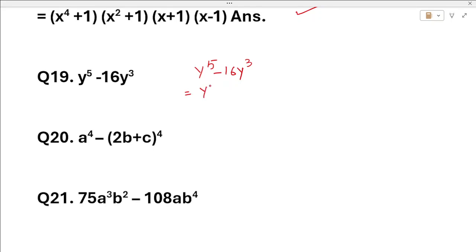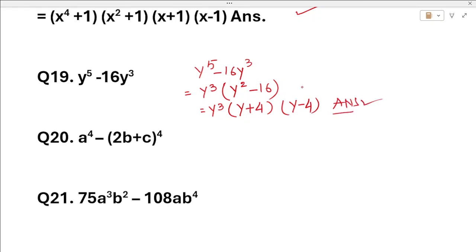Take y to the power 3 as common. Okay, now inside the bracket it will be y square minus 16. Okay, now this will become y cube. It is sum and difference of what? Sum of y plus 4 and difference of y minus 4. I hope you got the point. Correct? Because you can express it as like this.